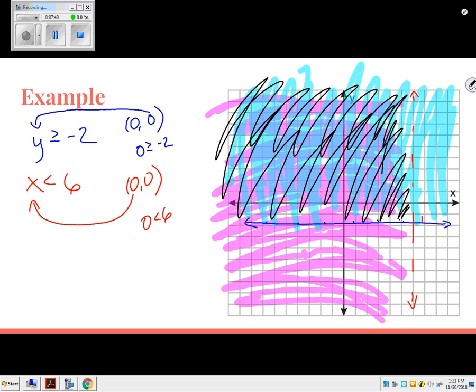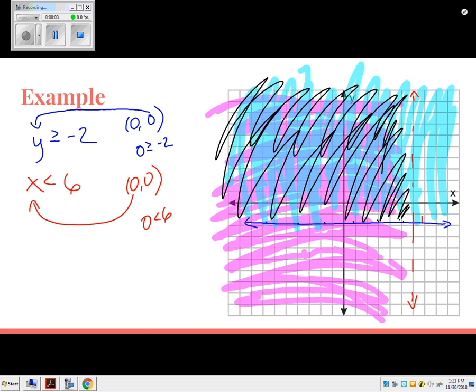I'm not allowed to put points on this line because it has to be strictly less than 6. Dotted, solid, if it has the or equal to. Yeah, I'll do that each time just so you get used to it.